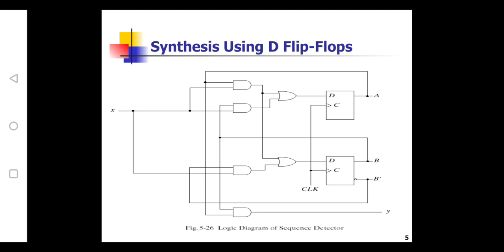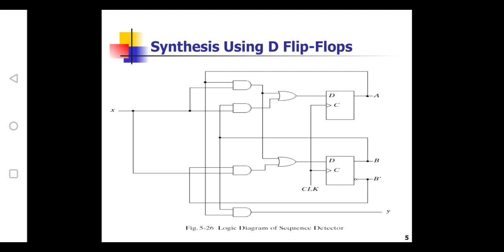So in this way we can design any sequential circuit by using a flip-flop, whether it is SR, JK, T or D. But the only thing is we must know the characteristic equation as well as the excitation table of the corresponding flip-flop, so that we can write down the inputs of the corresponding flip-flops.